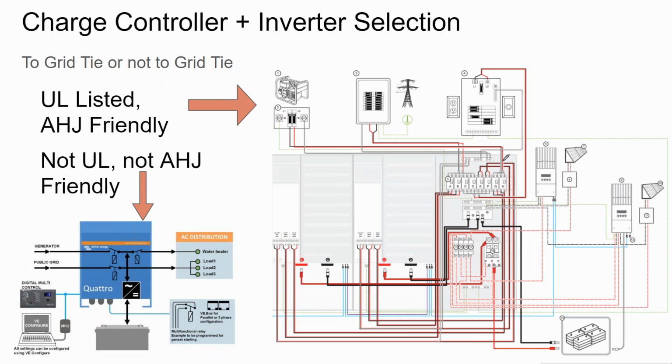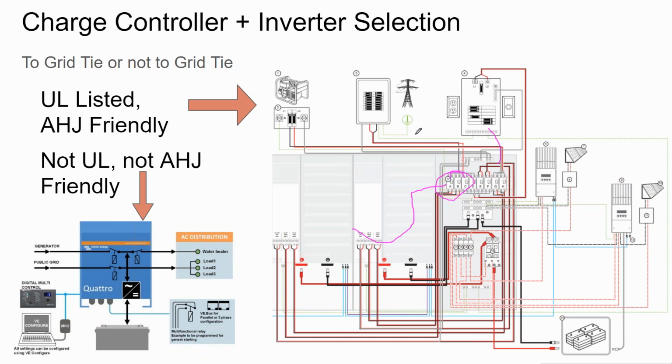Technically, the disconnect switch that your inverter lands on can be a readily accessible disconnect, as required by National Electric Code, to de-energize the battery inverter from the home or from the grid.